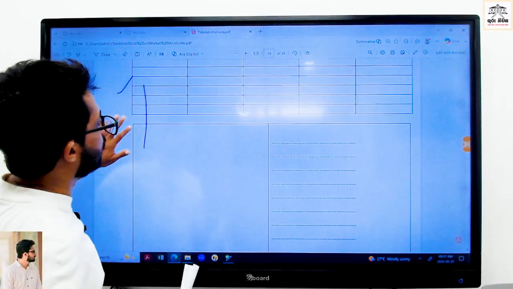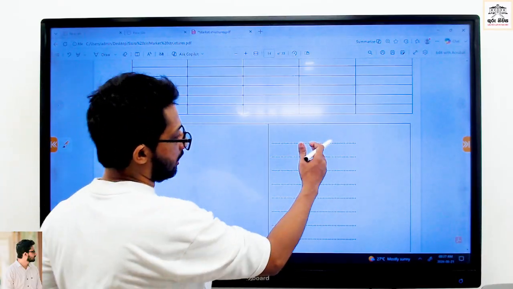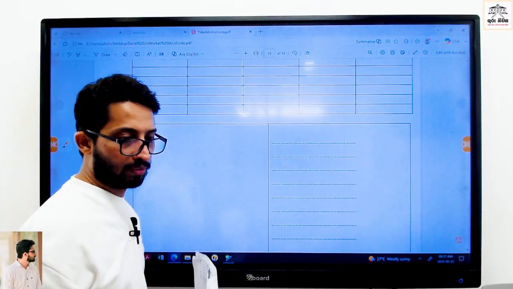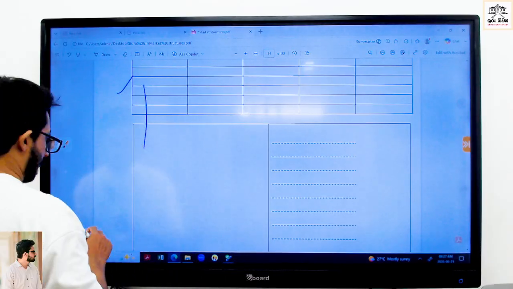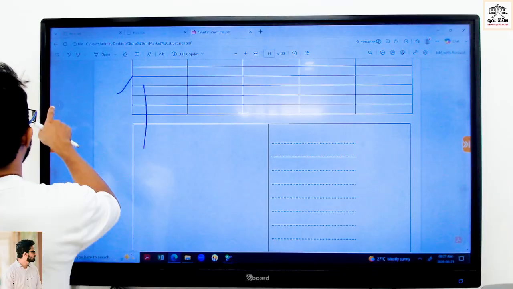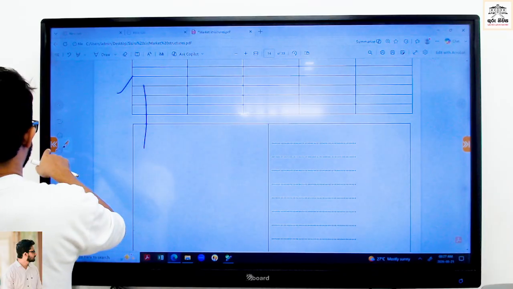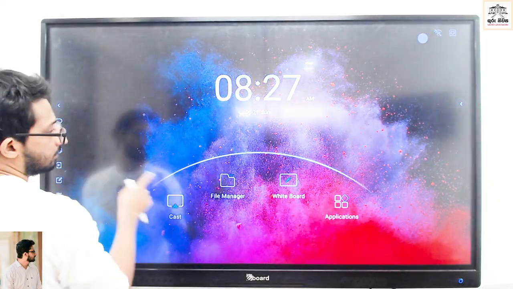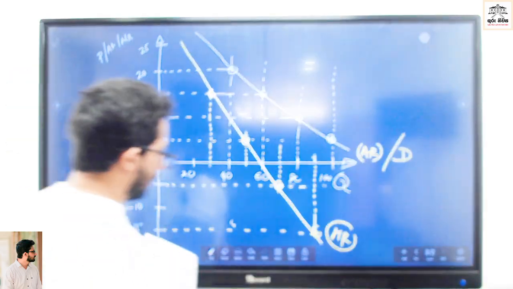Then next to the diagram, Buddha, there are a few dotted lines. You can write down this note there. Write down.